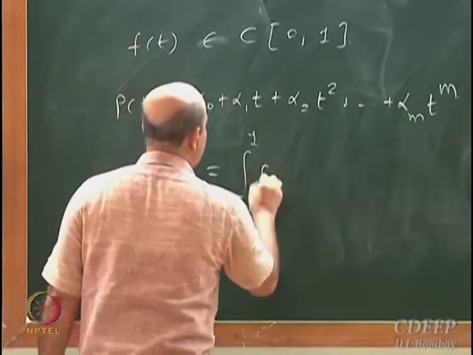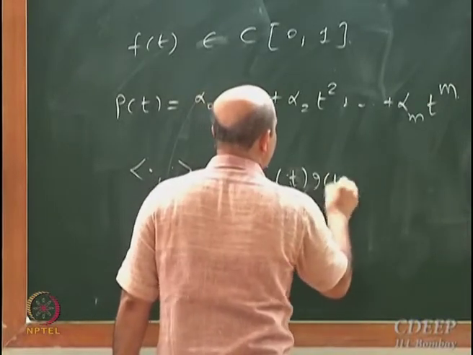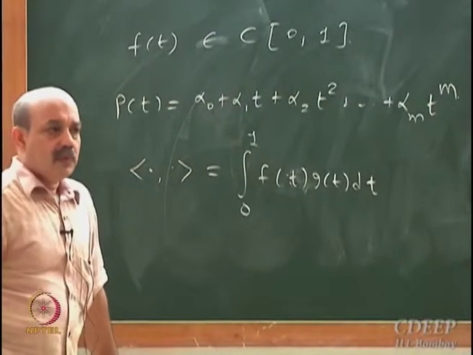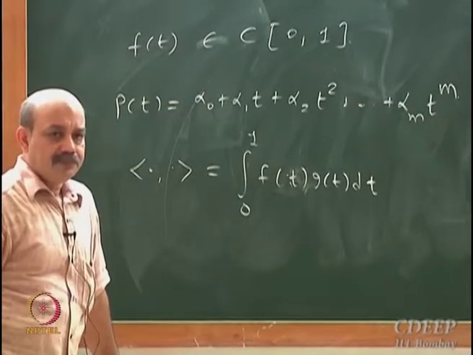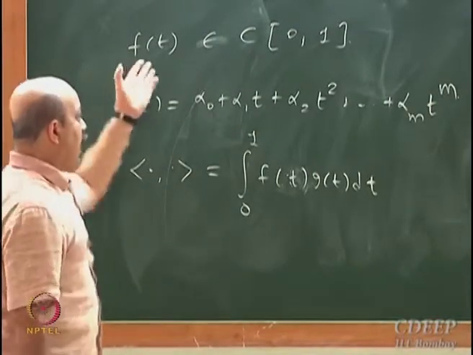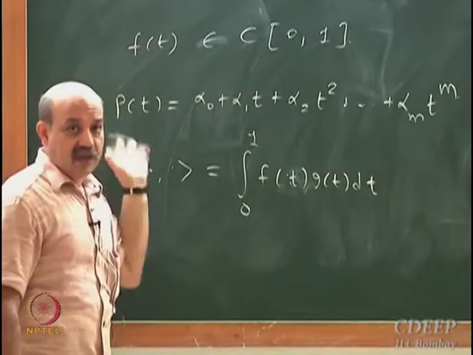0 to 1 f(t) g(t). My inner product is defined like this, okay. Well, there are two ways of looking at this problem. So let's say I know the continuous function over the entire domain, then I can approximate.